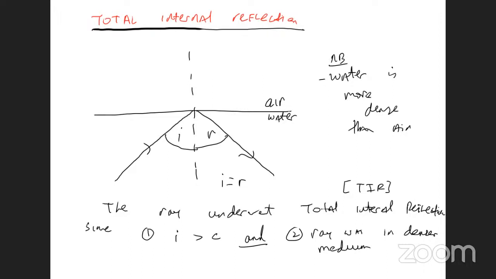The ray was in the denser medium. So the two conditions for total internal reflection are I is more than C, and the ray in the denser medium.